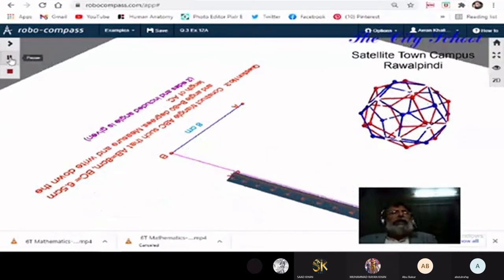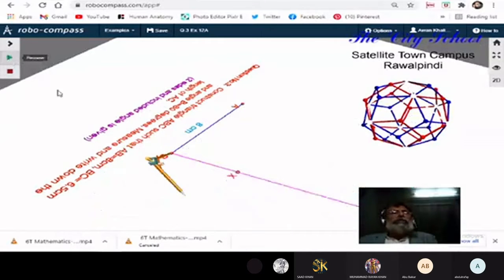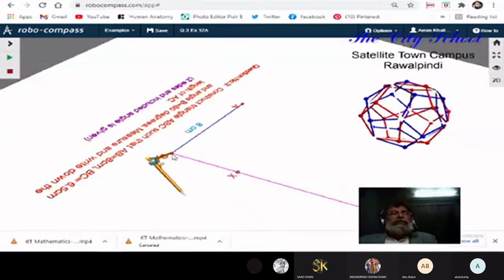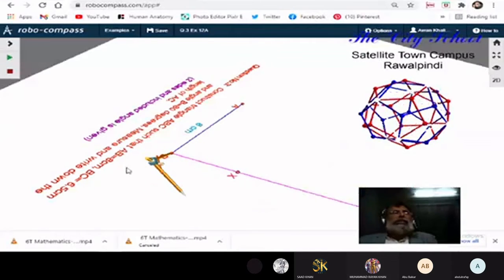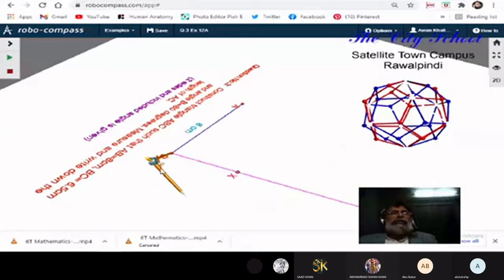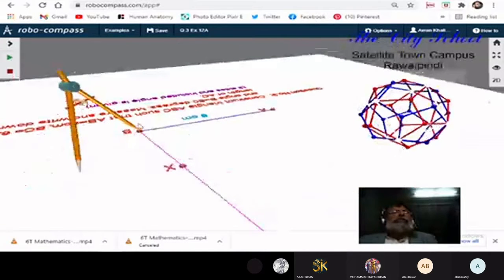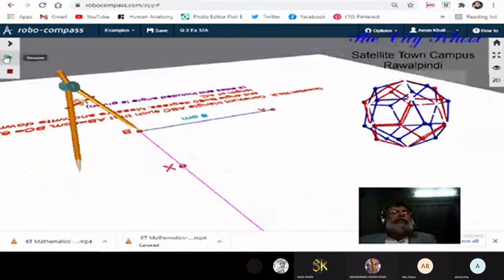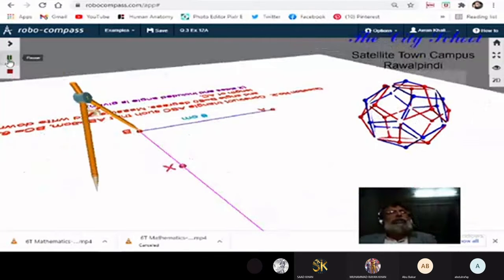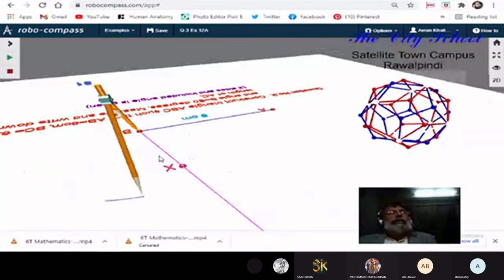Now we have drawn a line, but it says that from here BC is 6.5 centimeters. So we'll be opening a compass with a radius of 6.5 centimeter, and then we'll be drawing an arc.